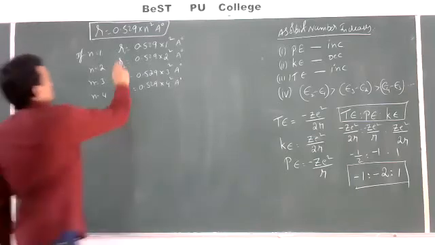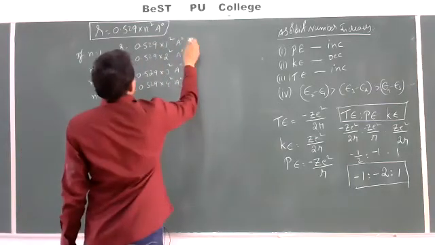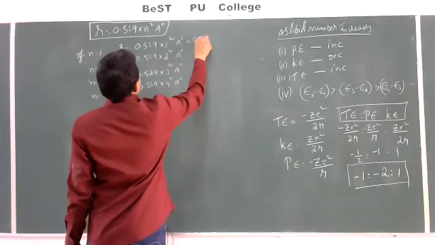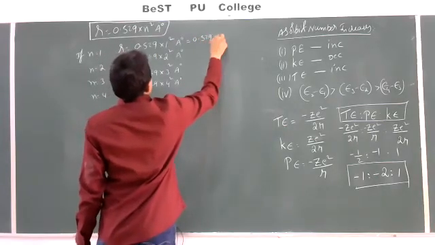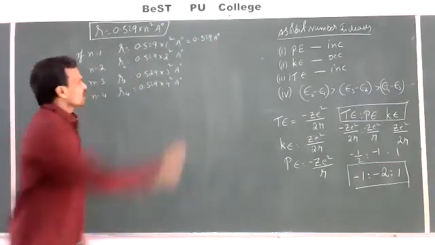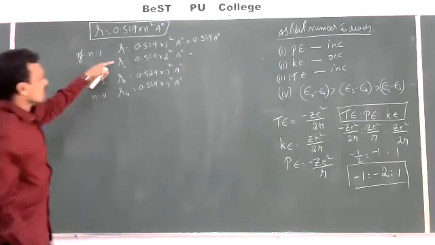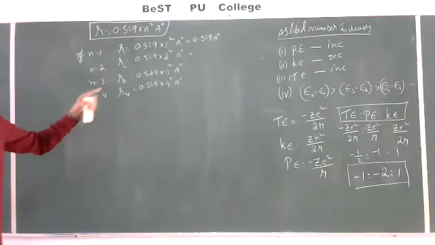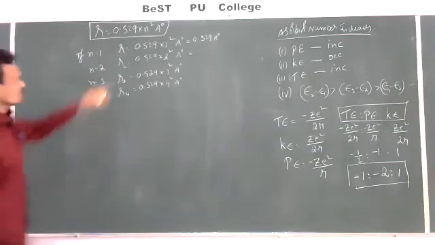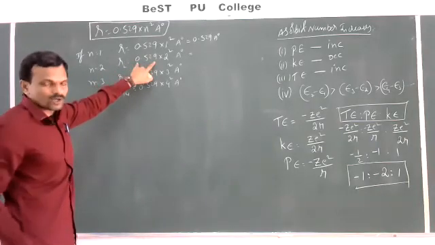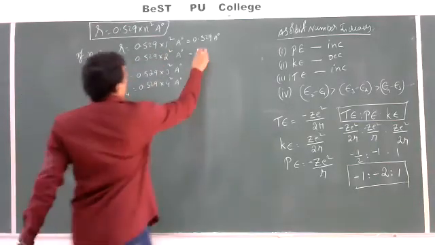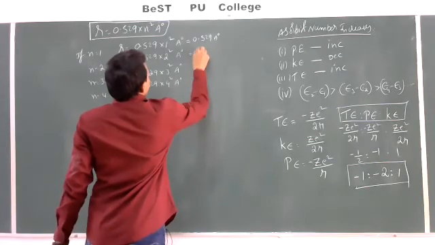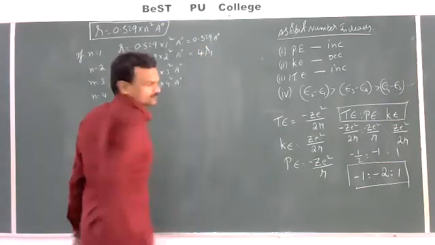See, this R1 is nothing but 0.529 angstroms. Now if we convert R2, R3 and R4 also in terms of R1, 0.529 is R1, into 2 square, nothing but 4R1.